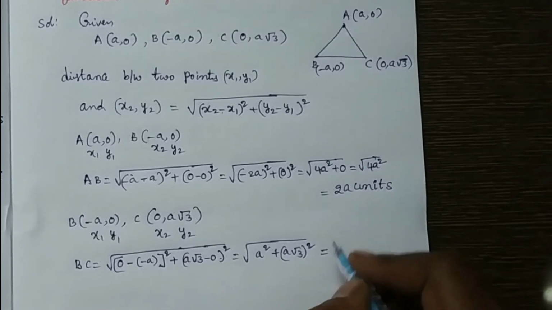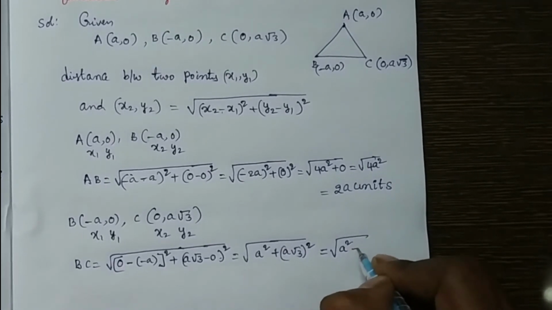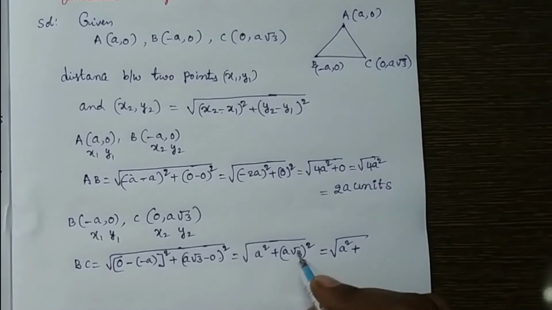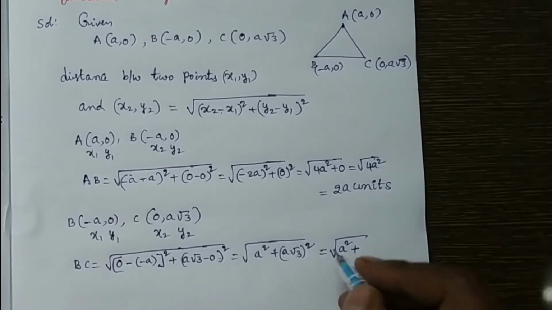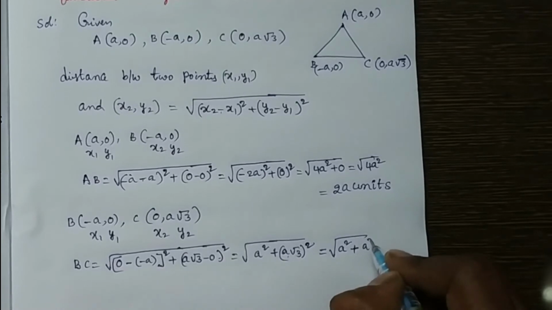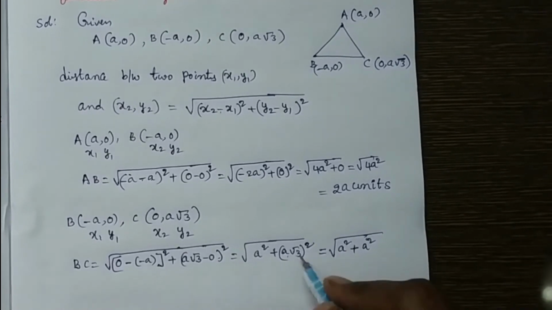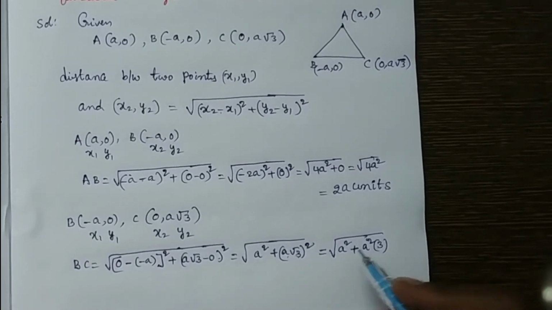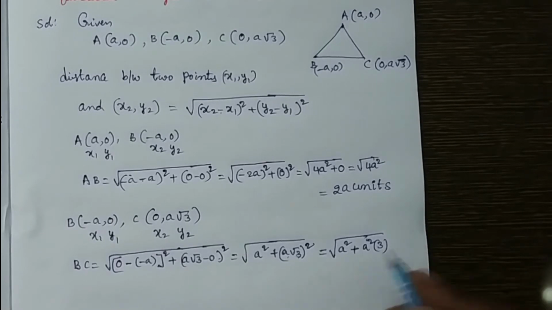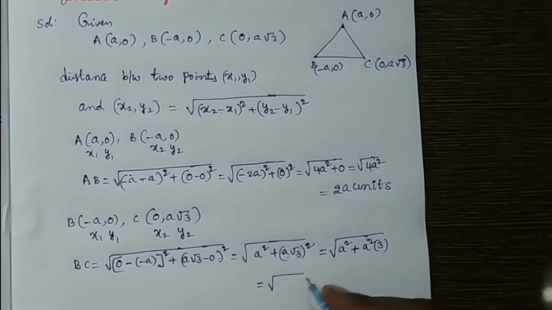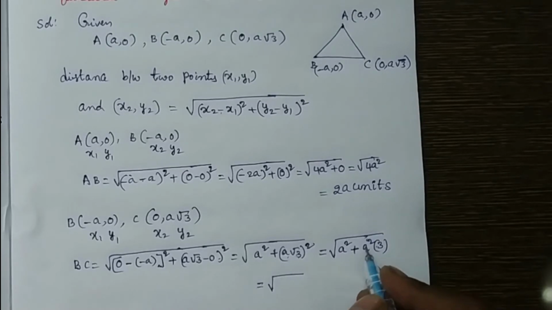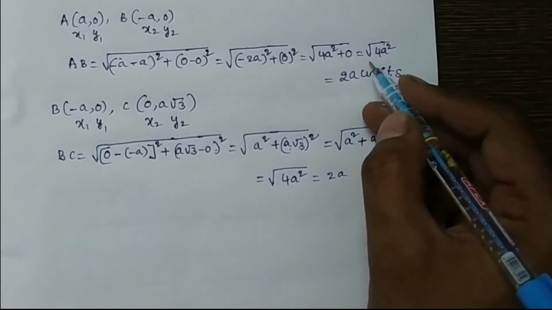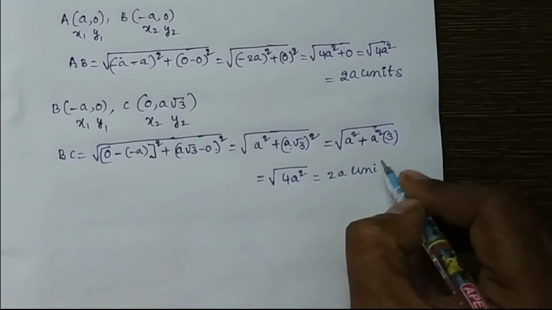That is equal to the square root of a square plus, it is in the form of (ab) whole power m, which means a power m into b power m. Root 3 whole square means 3, root 3 into root 3 is root 9, root 9 means 3. So a square plus 3a square is 4a square. What is the value of the square root of 4a square? That is 2a. Like the previous distance, that is 2a units.